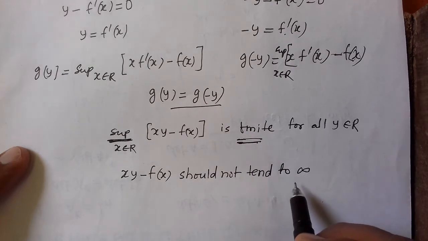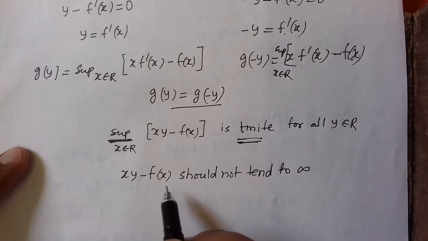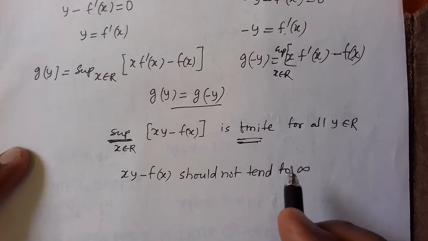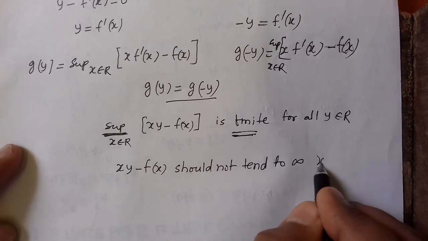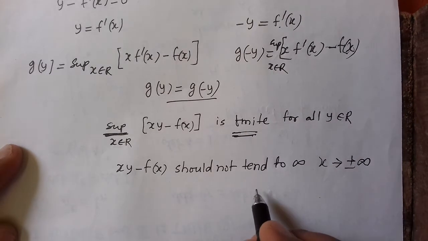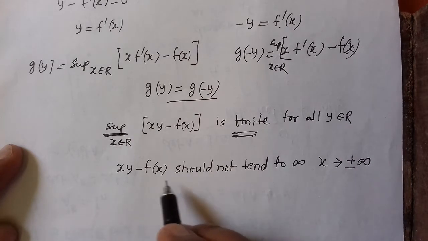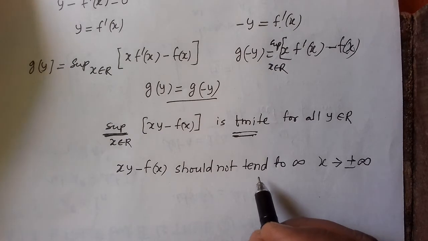Infinity is not a finite number, so this should not tend to infinity as x tends to plus or minus infinity. In both cases this should not tend to infinity.